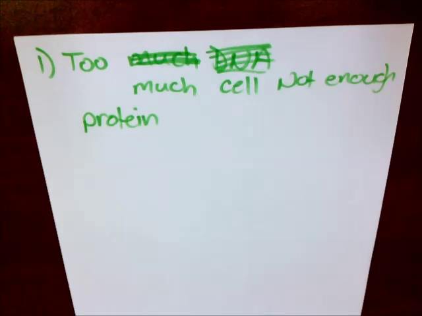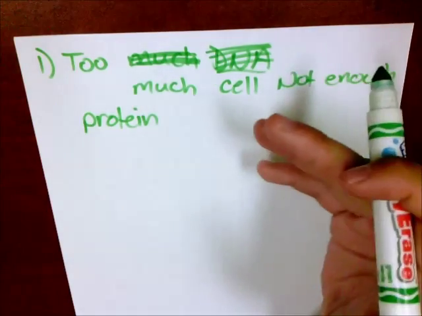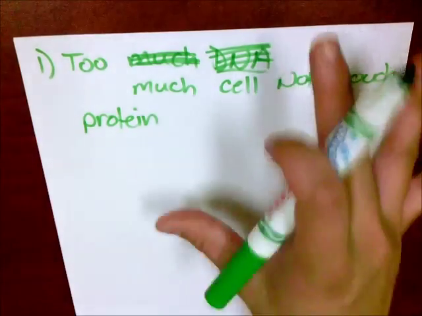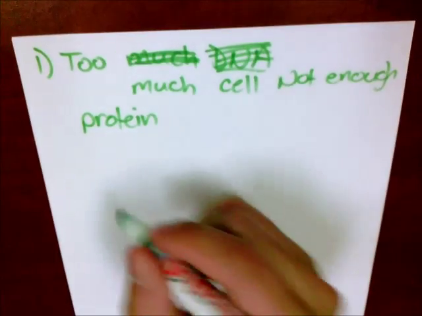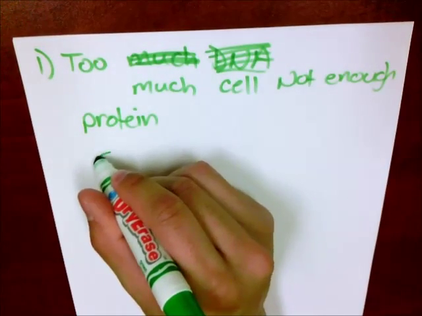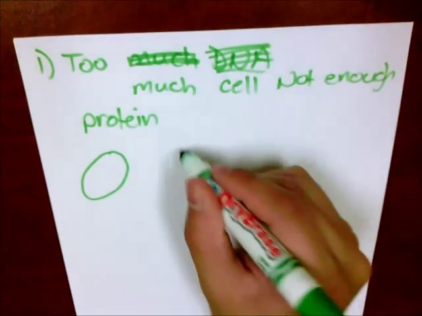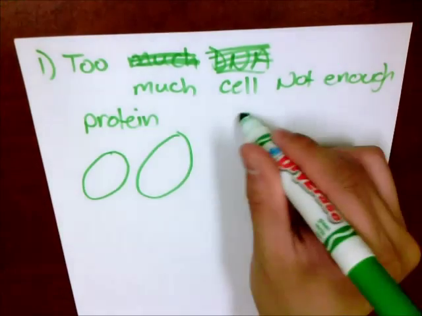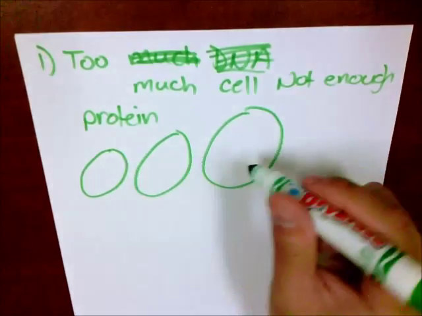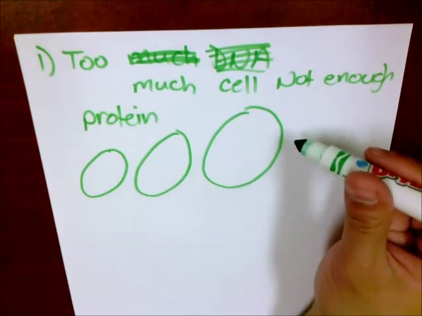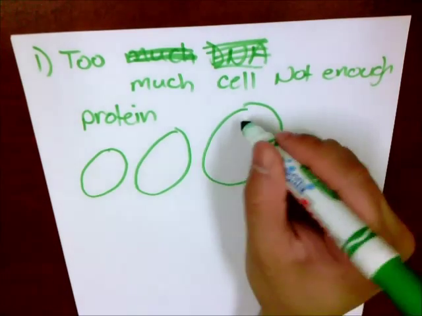If we start with page 5, why cells divide, the first reason is there's too much cell and not enough protein or not enough DNA. One of the main reasons that cells have to split is because, through that synthesis phase, they're going to grow, and they keep getting bigger and bigger, and they have too much stuff in them. Your nucleus stays the same.